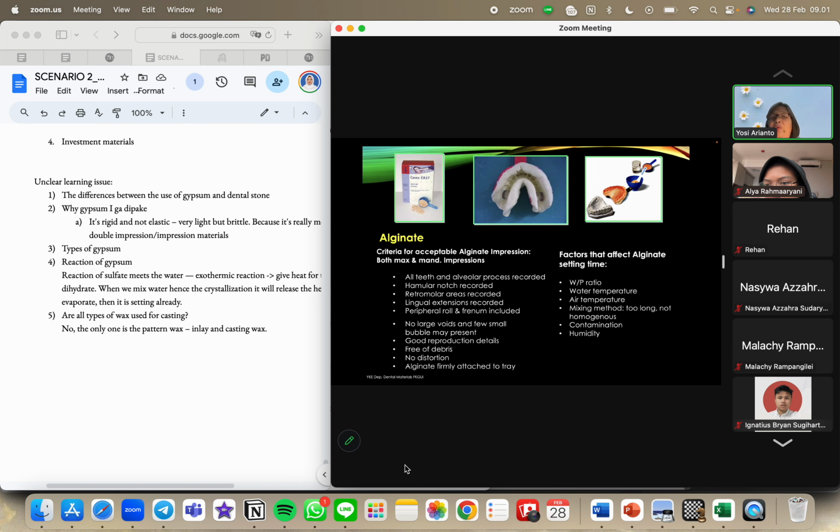There is no time for you because you're still learning. And sometimes we can use ice to lower the temperature, and we mix the powder of the alginate with cold water, and the setting time will prolong. Okay, but the effect is not good for the patient.